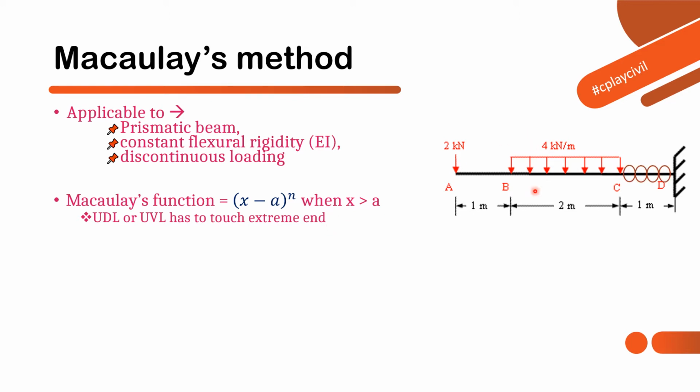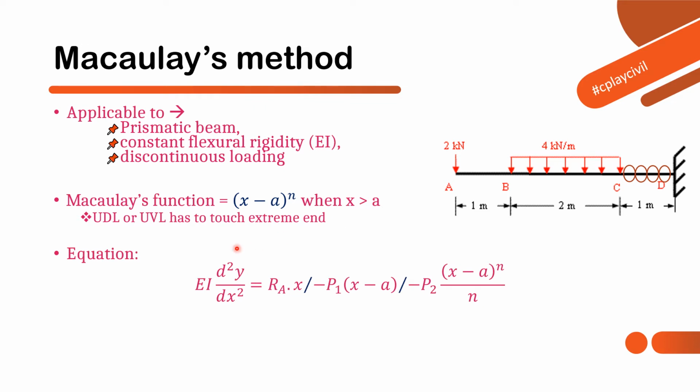So here you can see, the UDL is somewhere in the mid of the beam, but when we have to use this Macaulay's function, then the UDL has to be extended up to the end of the beam, or the extreme end. And for extending that UDL, the same negation shall be applied below, so that we can get the equilibrium. This is one point regarding Macaulay's method.